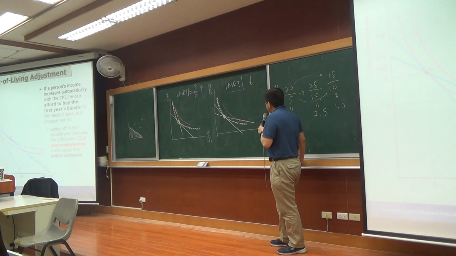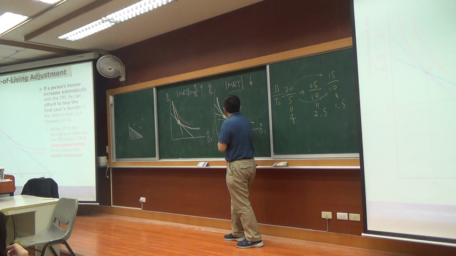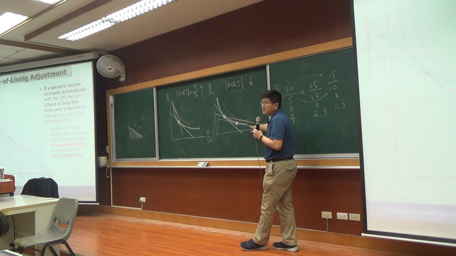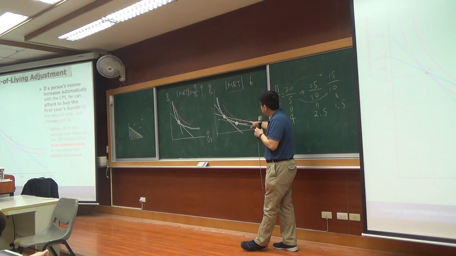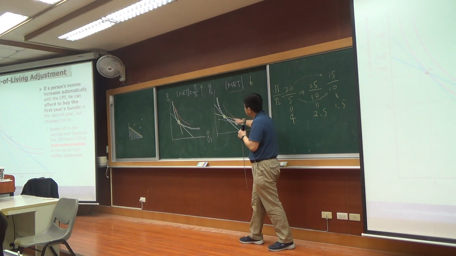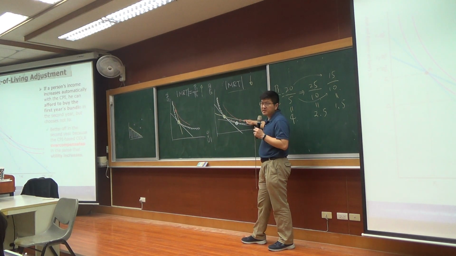Okay? So for the new one, if we just compensate to this level, it is enough. This one would give him or her some more money so that he or she can afford the bundle, but this would be overcompensated.